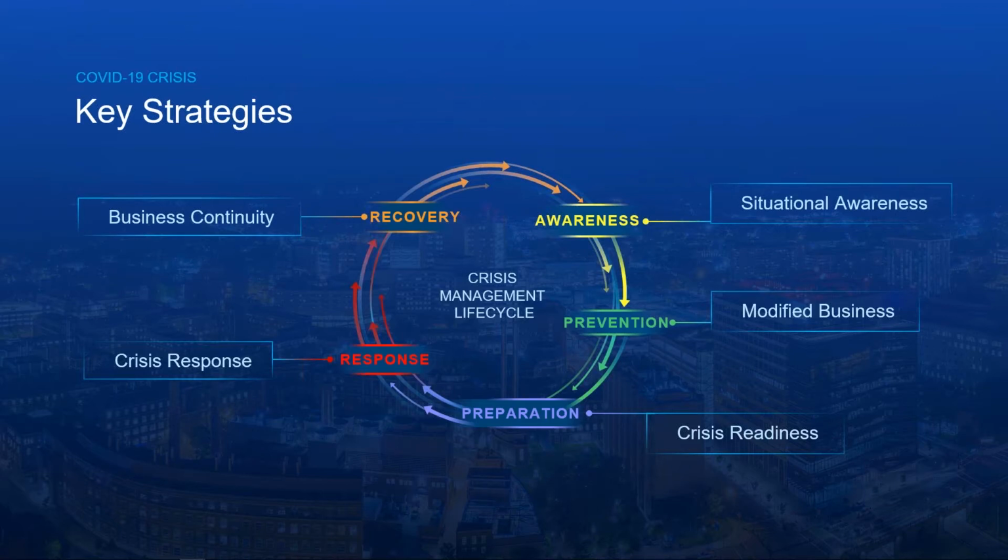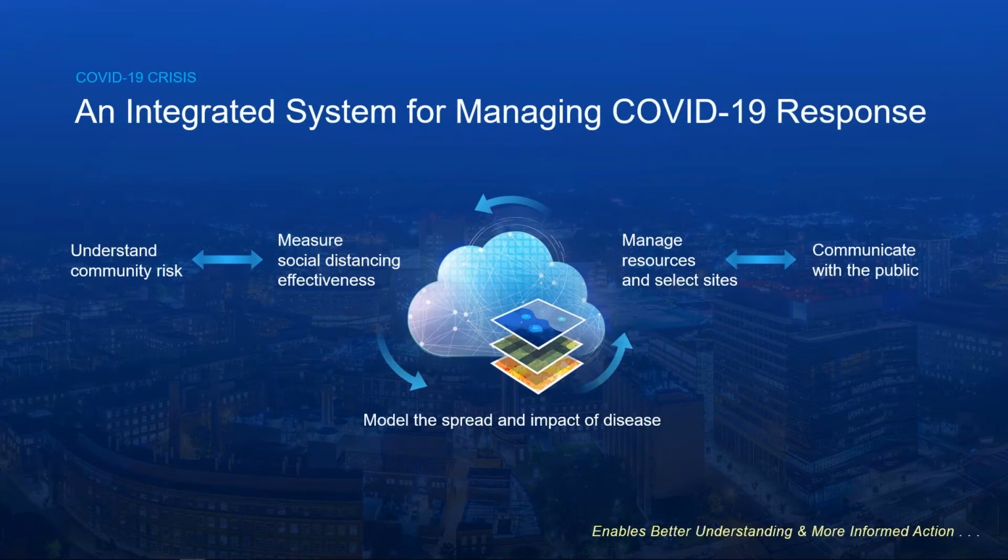If we can all understand the key strategies in the crisis management lifecycle, we can all be better prepared if and when the next crisis happens. I also want to quickly mention that GIS has had and will continue to have a pivotal role in crisis management. In pandemics, GIS provides an integrated system for the COVID-19 response.